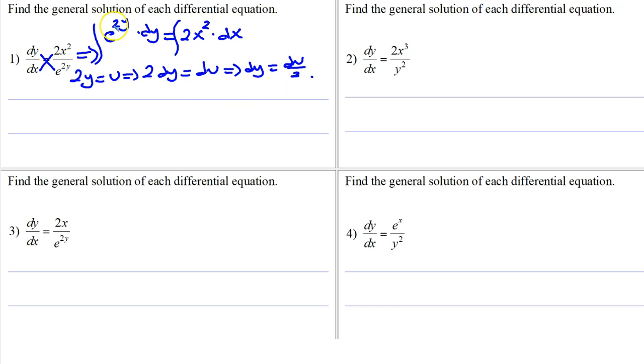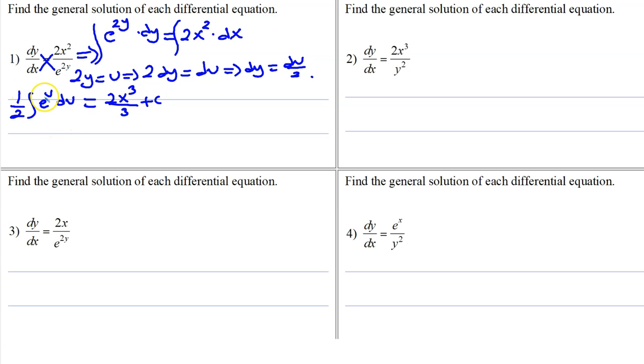If I put this into the left hand side integral and put the 1/2 out front, I get 1/2 times the integral of e to the power of u du equals the integral of the right side, which is 2x cubed over 3 plus c.